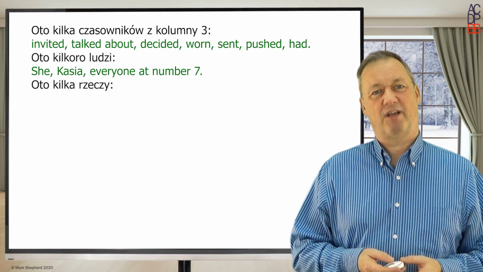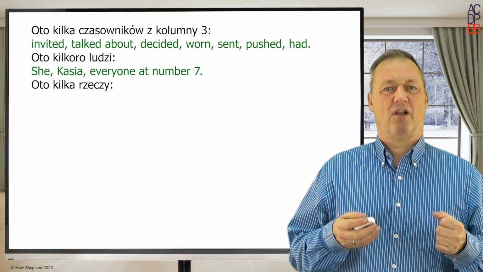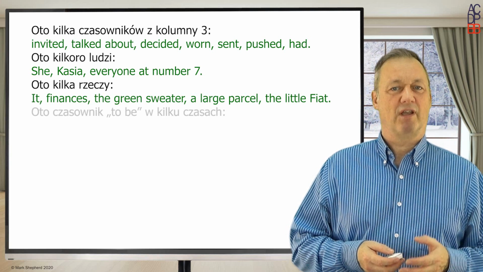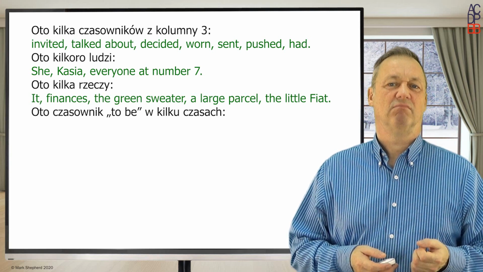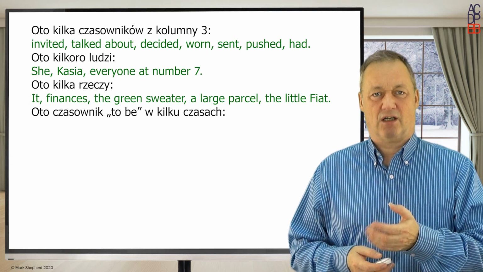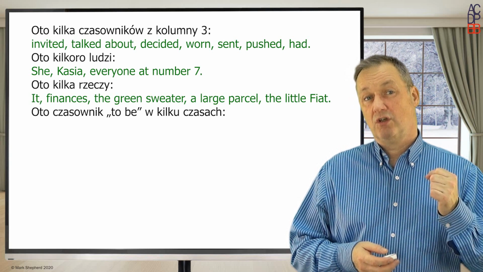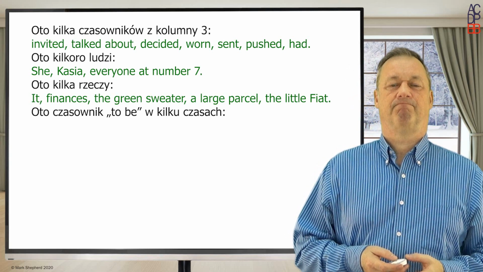IT, finances, the green sweater, a large parcel, the little Fiat. Here are some tenses of to be. Will be, have been, are, is, were, was, should be, would be.